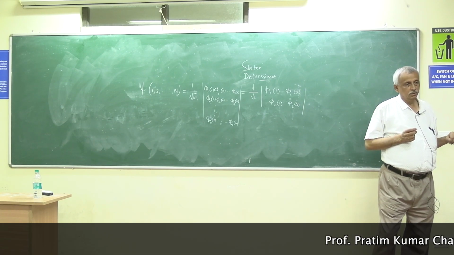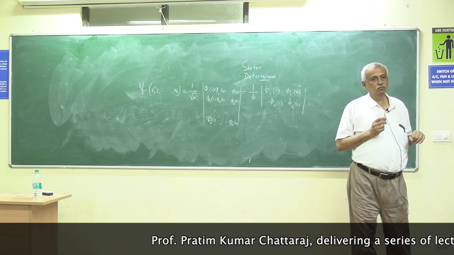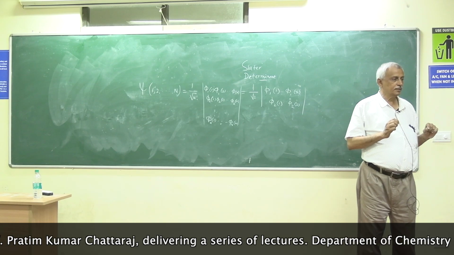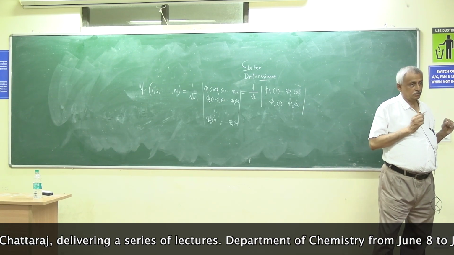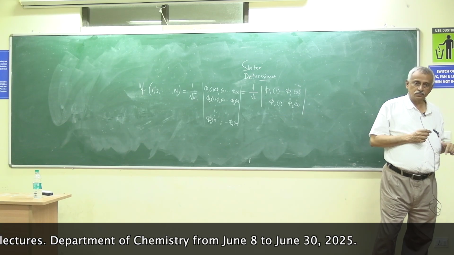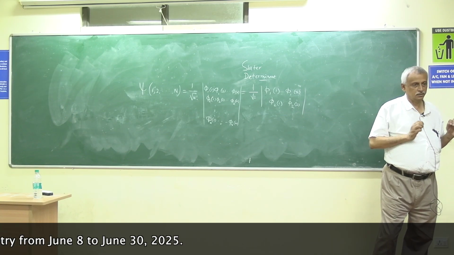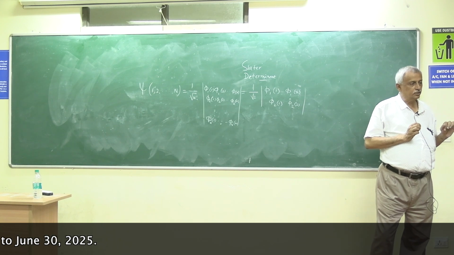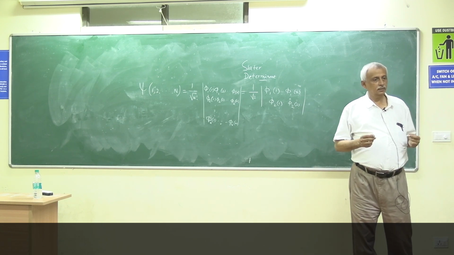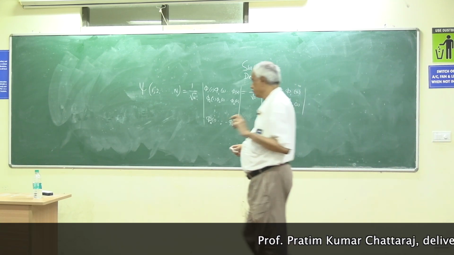Okay, but still the problem is we are within the one electron picture, because we have written everything starting from the orbitals, and orbitals, they are solutions of one electron wave functions. That's why there is no electron-electron repulsion in their consideration. So it's a hypothetical case. We have to improve upon that, and that we will see how that can be done. Okay, so now I stop at this point.